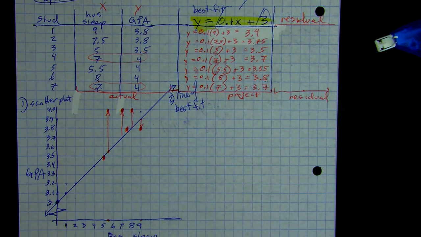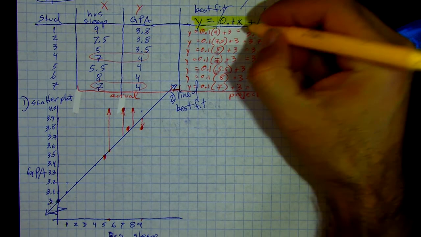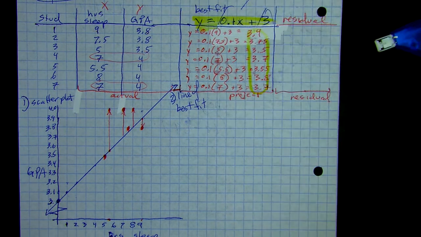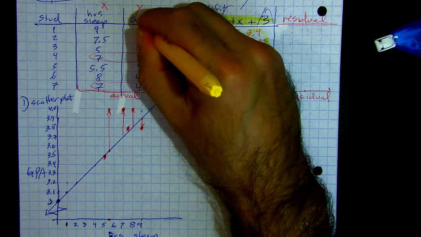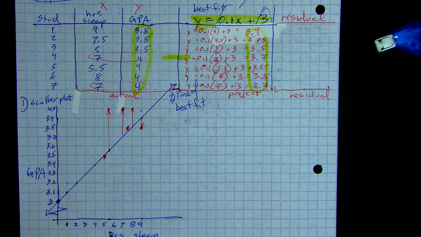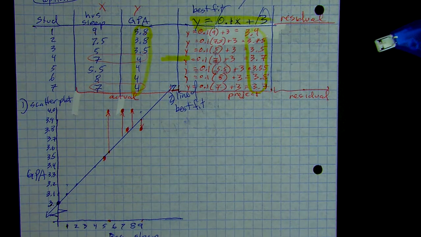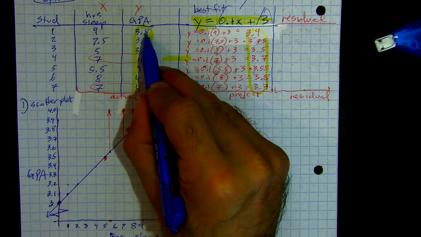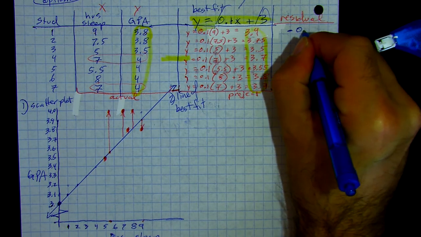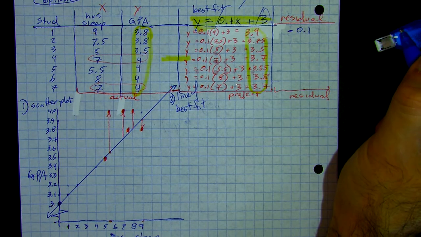Woo! Residual plots. All right, look. We have now our projected GPAs and our actual GPAs. And what we're going to do is subtract them. So let's see. 3.8 minus 3.9 is negative 0.1. I know, it's incredible.